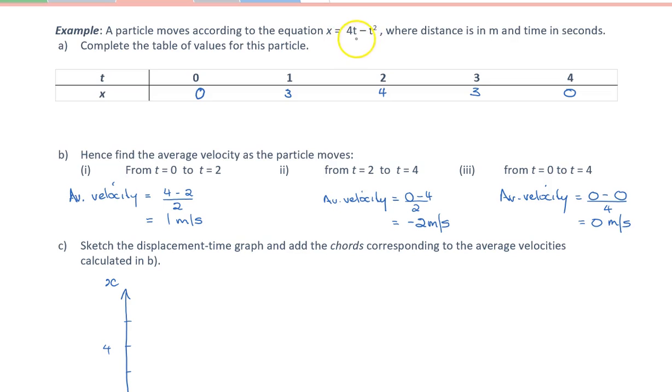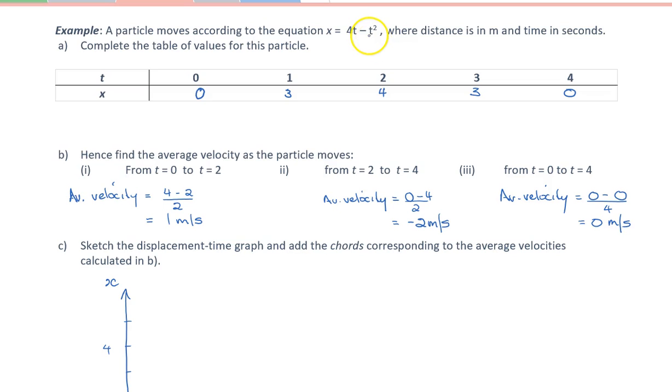Now, you probably can see that that's a familiar function. It's quadratic. It's a negative quadratic, which means it's upside down. When we graph the graph of time on the horizontal, x on the vertical, we should get an upside down parabola.